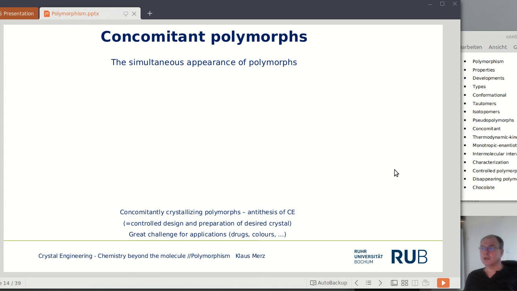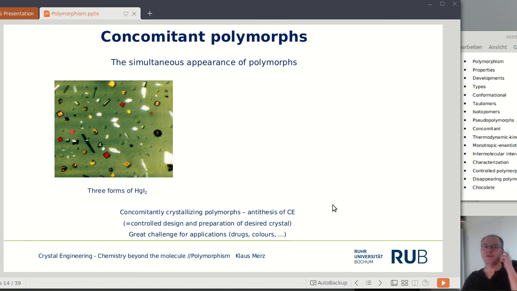And concomitant crystallization polymorphism is the antithesis of crystal engineering. You cannot control the crystallization. It's going out of control. These are concomitant polymorphs, out of control.